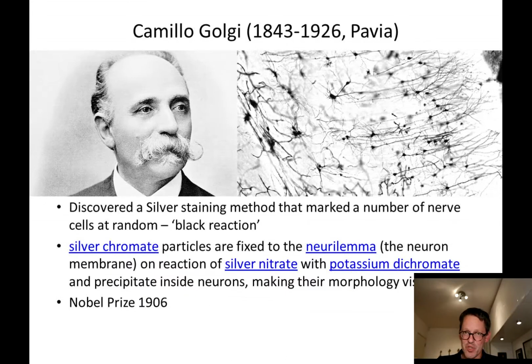The vast majority, maybe 1 in a million neurons, is labeled black, but the reaction doesn't affect the rest of the neurons. This is in fact why Golgi was able to see these individual neurons, and this is central to obtaining good contrast and resolution in microscopy to this day.